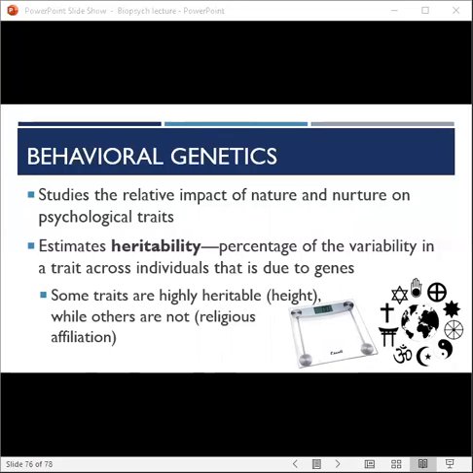And we know that some traits, like height, are highly heritable. There's a high level of genetic linkage between individuals related to their height. But other factors, such as religious affiliation, are not genetically linked. So if a child and a parent tend to have similar religious affiliation, that's more likely to be due to the environmental upbringing.